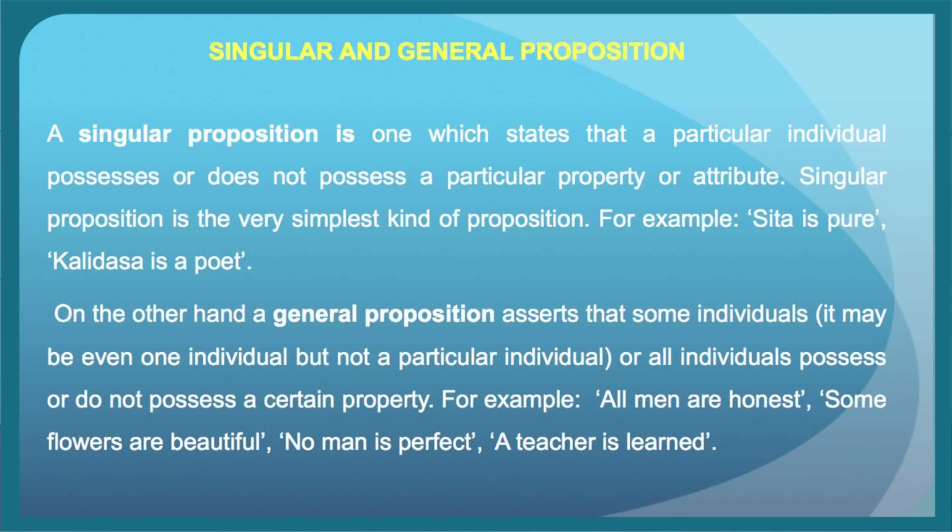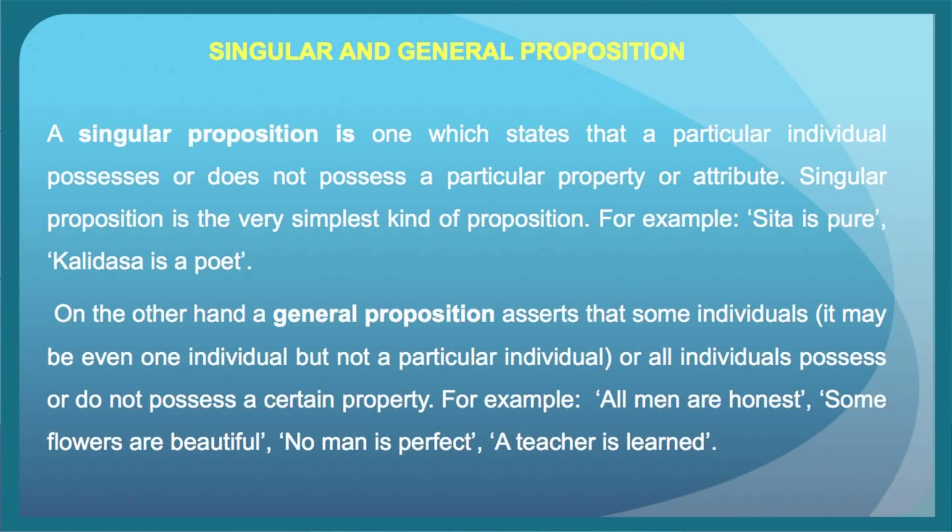Now, what are singular and general propositions? A singular proposition is one which states that a particular individual possesses or does not possess a particular property or attribute. It is the simplest kind of proposition, for example, she is pure, or Kalita is a poet.